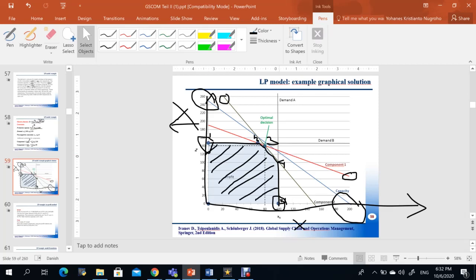Here also 100 versus 0. Here maybe around 50 versus 100, 150. Here also maybe around 140 versus 80. Here 100 versus 100. I don't know. You can try to find and pick the one that gives the highest profit.